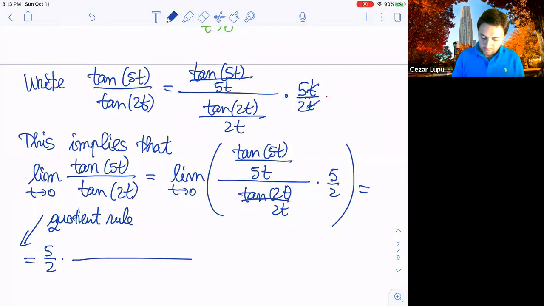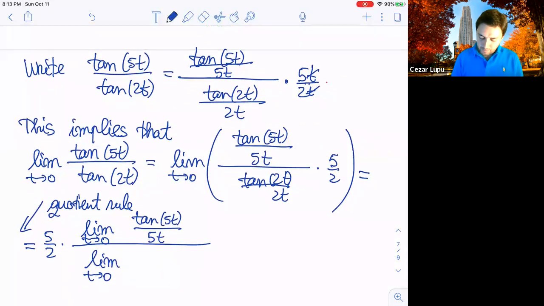This will be the limit as t approaches 0 of tangent of 5t over 5t, over the limit as t approaches 0 of tangent of 2t over 2t.